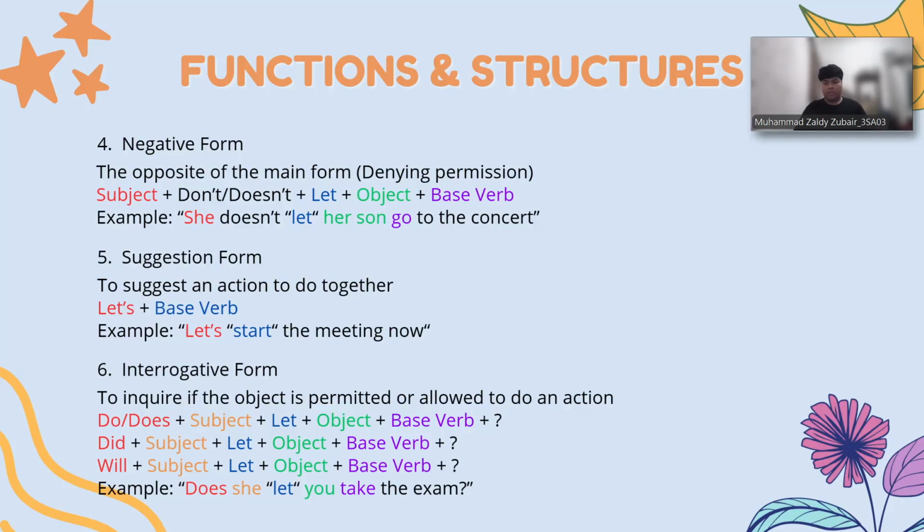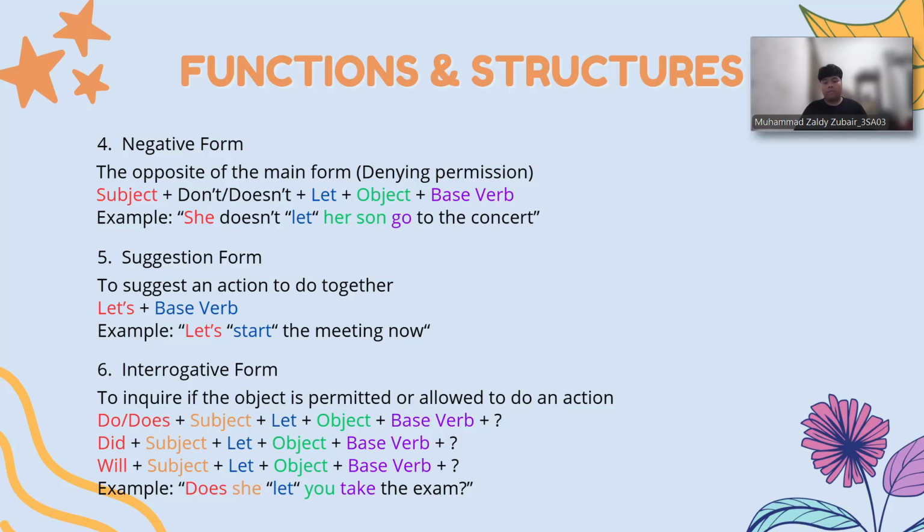Number six, interrogative form, to inquire if the object is permitted or allowed to do an action. The structure is do or does plus subject plus let plus object plus base verb.